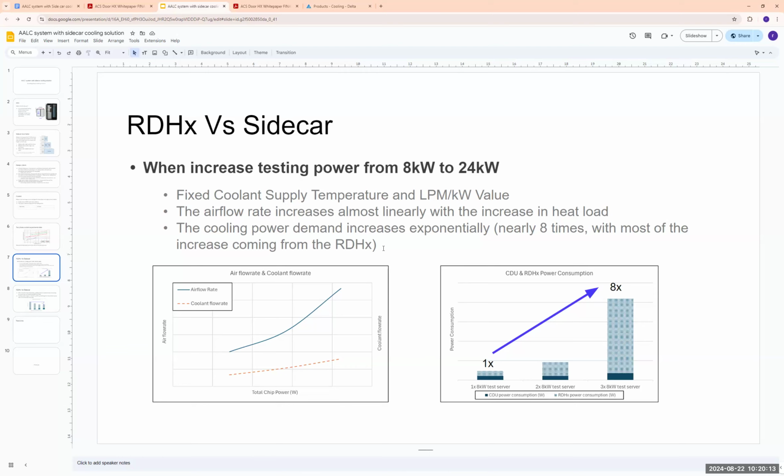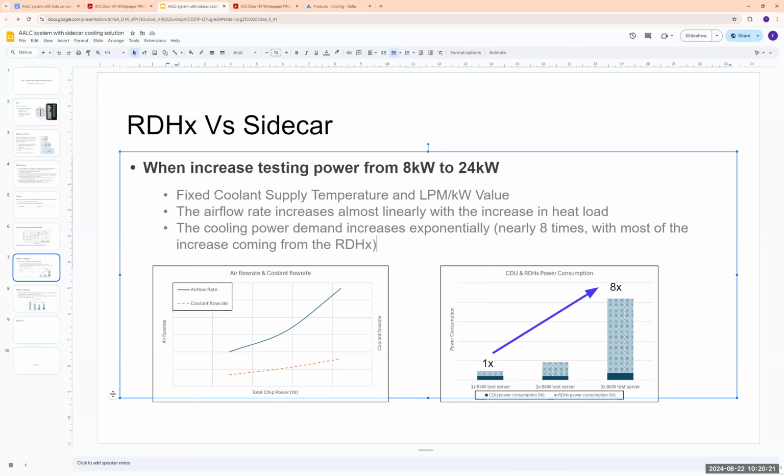Is there any percentage that we can associate? Yeah, it's just between 50 and 90. It is the normal thing. He's asking Mark. But when you get closer to 90, then the comparison between a rear door heat exchanger and a sidecar gets easier.